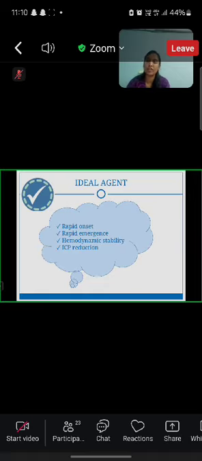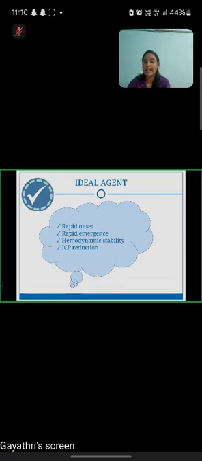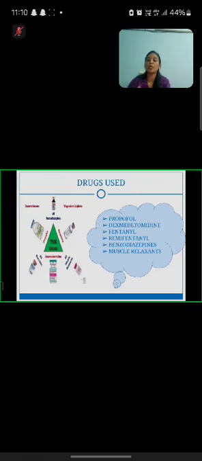So the ideal agent should have characteristics like rapid onset and rapid emergence, provide adequate hemodynamic stability, and provide neuroprotection. The most commonly used drugs are propofol, dexmedetomidine, fentanyl, remifentanil, benzodiazepines and muscle relaxants.